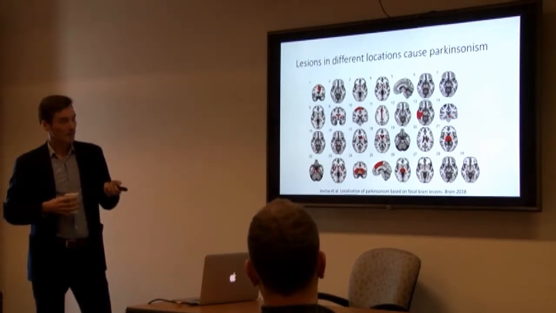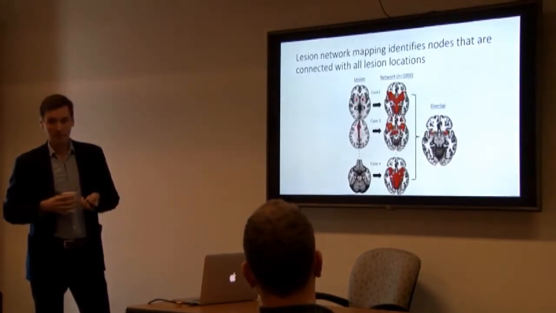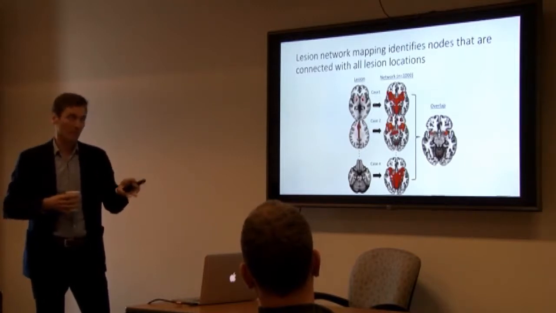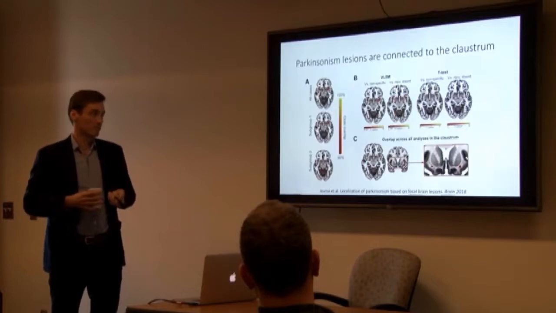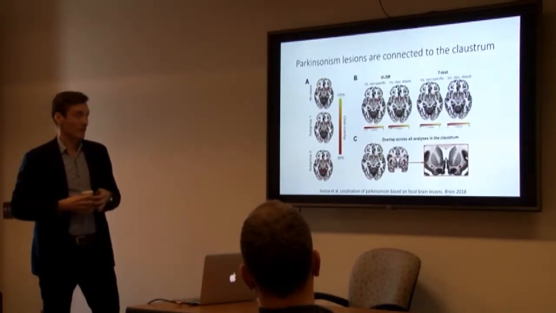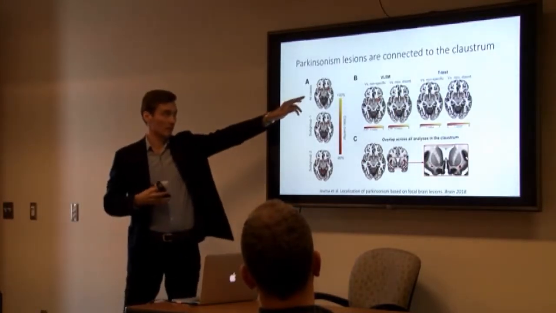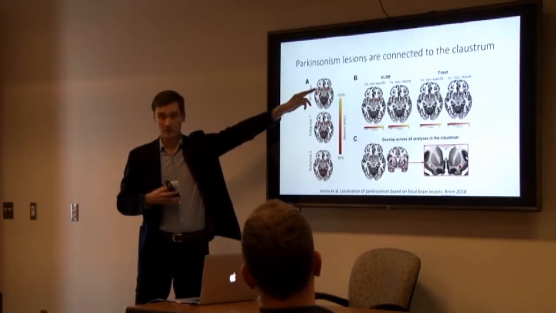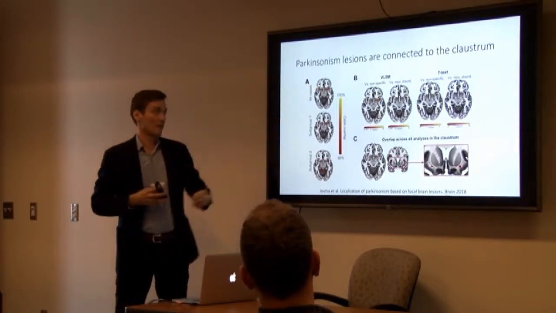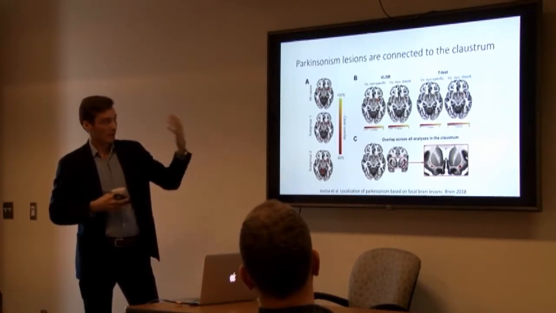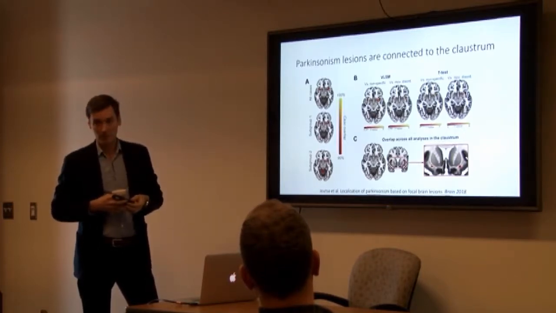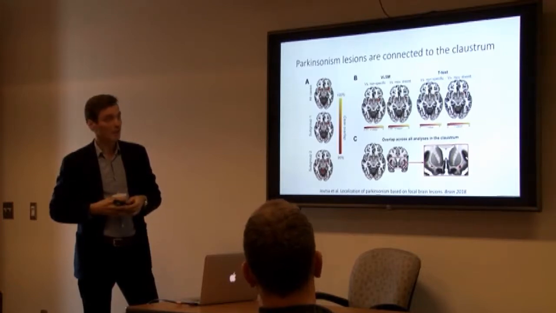We then applied lesion network mapping, so mapping the connectivity profile from each of these lesions and overlapping them, and found that all of the lesions were connected to this small site next to the striatum. This location matches the claustrum, which was quite surprising to us.